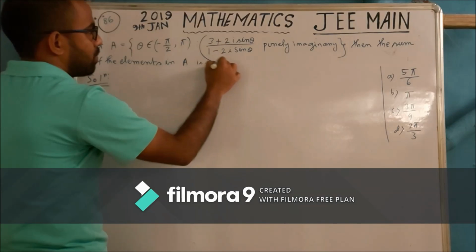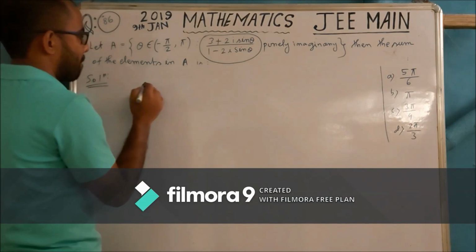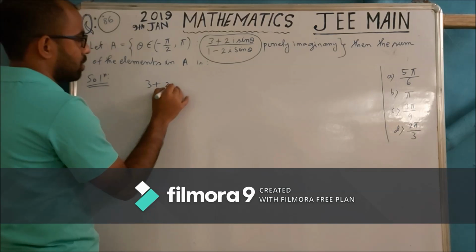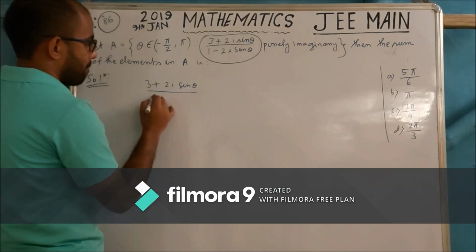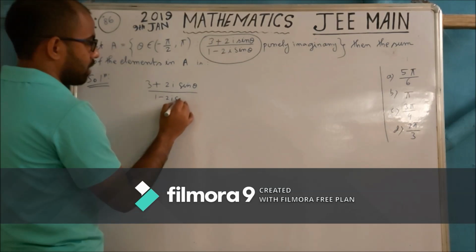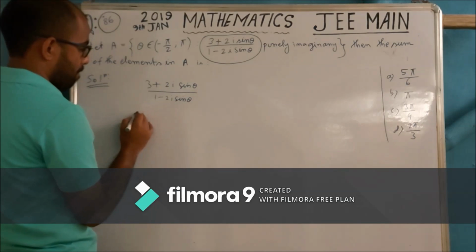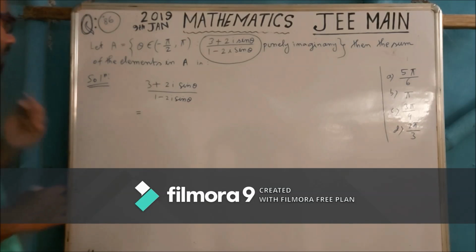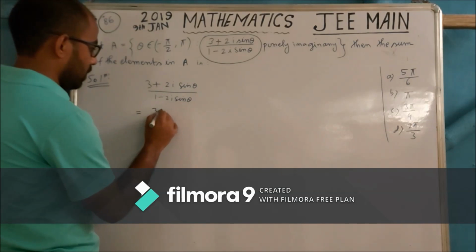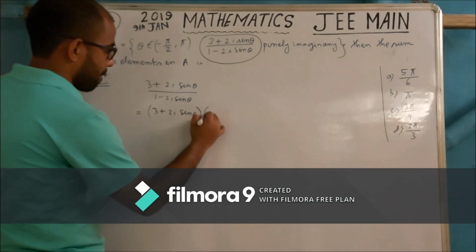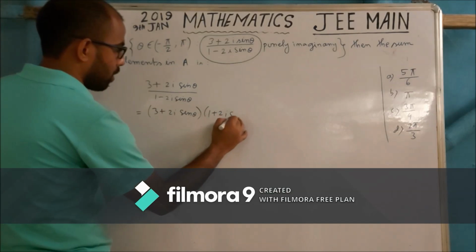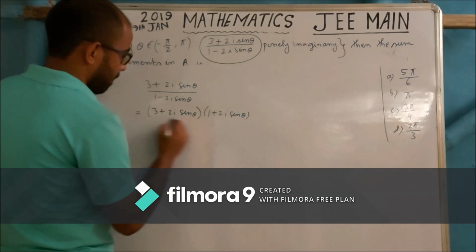So first we write this part, 3 plus 2i sin theta by 1 minus 2i sin theta.